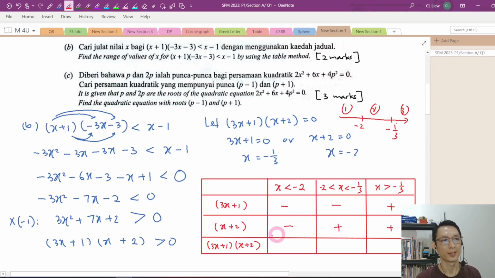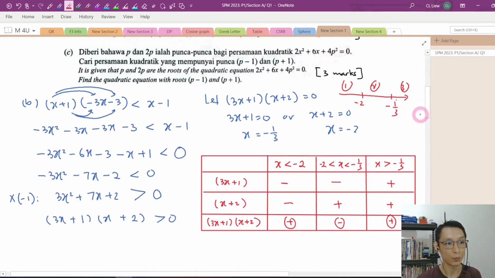Now, this is a product of these two. Negative times negative, you get positive. Negative times positive, you get negative. And positive times positive, you get positive. Okay, from here, we know our answer will be, but be careful. Look from the bottom.